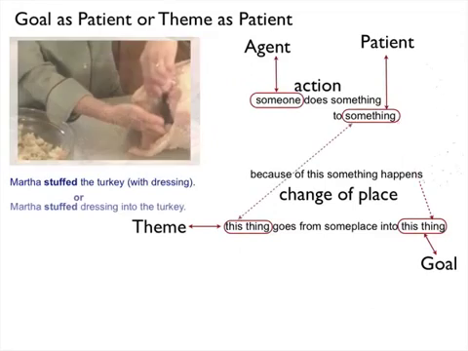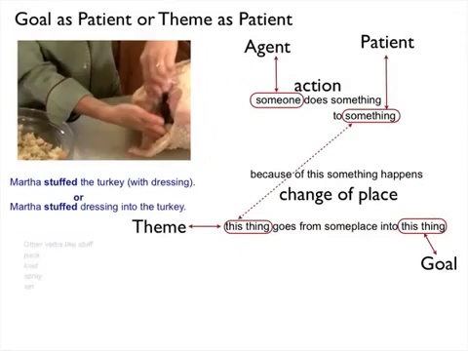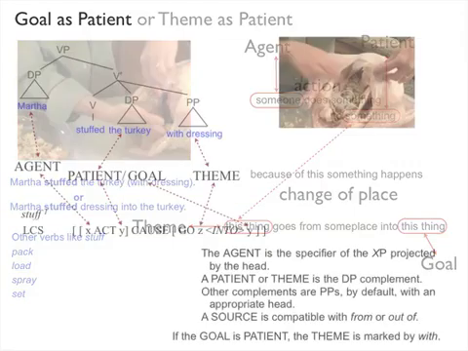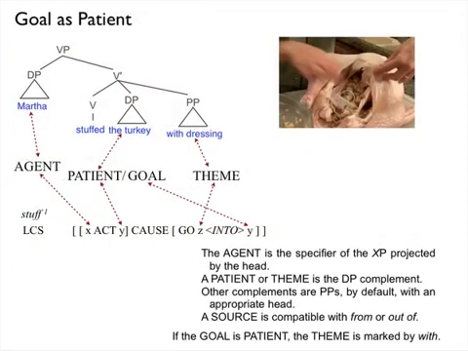So stuff would be another case. Sometimes you'll have choices. You could say stuff the turkey with dressing. Stuff dressing into the turkey would be okay as well, but it would be a slightly different version of the thing. So we have lots of options. You can have goal as patient: stuff the turkey with dressing, or stuff dressing into the turkey.